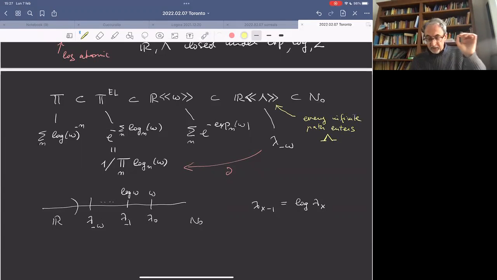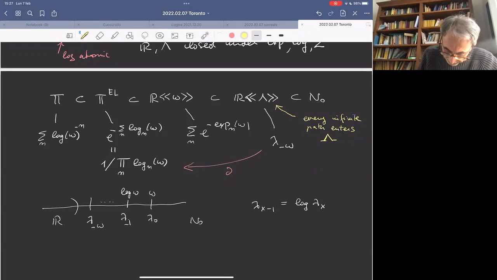So if you take an element in the bracket of lambda, any infinite path, sooner or later will encounter a log-atomic element. And then from that point on, that path will never bifurcate, because if you are in a log-atomic number, the path starting from a log-atomic number is necessarily given by the logs of the iterated logs of that number. So there are no sums anymore. So once you enter lambda, the path will never bifurcate anymore.